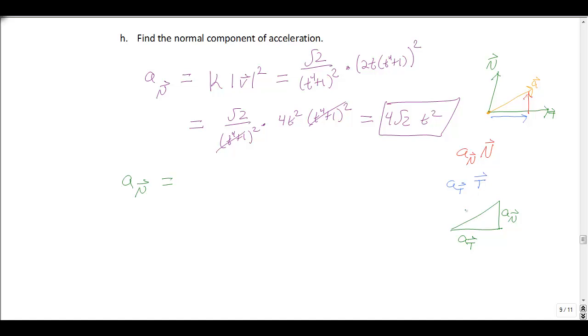And the hypotenuse should be the magnitude of the acceleration. So if you already had the tangential component of acceleration and the magnitude of acceleration, you could use the Pythagorean theorem, and the normal component of acceleration would just be the square root of the magnitude of a squared minus the tangential component of acceleration squared.